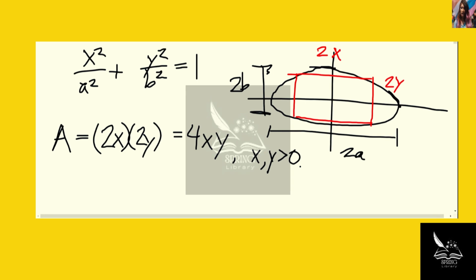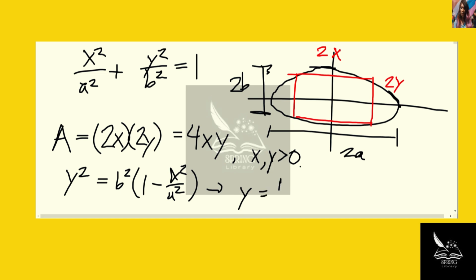And solving for y, we have y squared is equal to b squared times 1 minus x squared over a squared, so that y is equal to the positive square root. This is just b times the square root of 1 minus x squared over a squared.